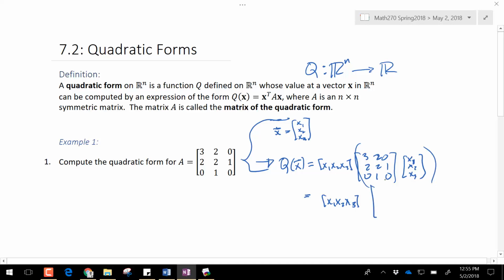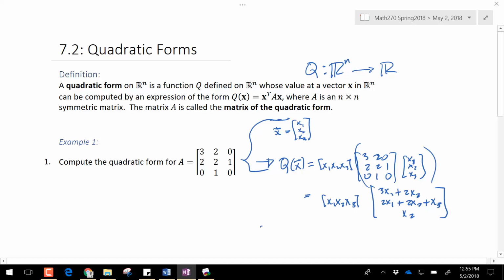And so that 3 by 1 is going to be 3x1 plus 2x2 plus 0. That's the first row. The second row would be 2x1 plus 2x2 plus 1 times x3, and then the last one would just be x2.